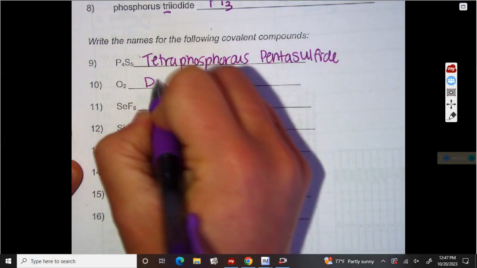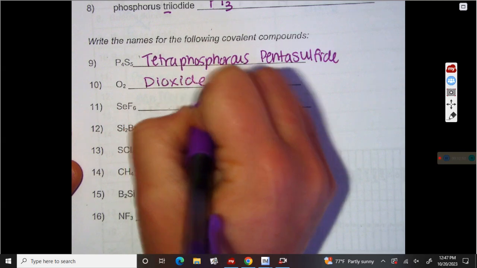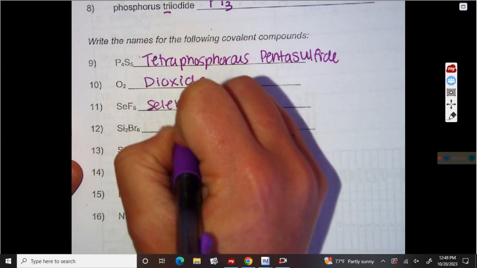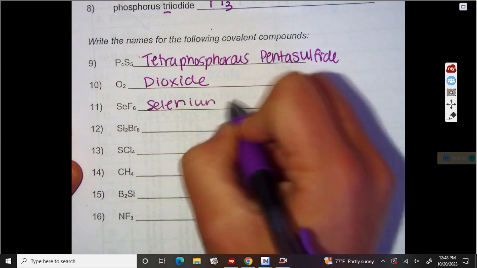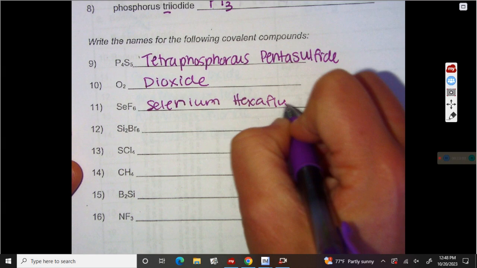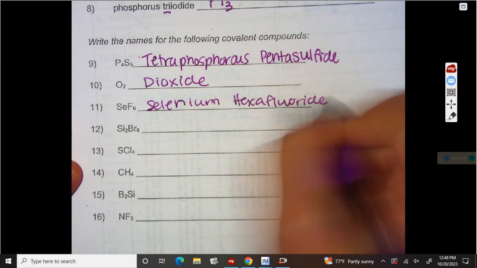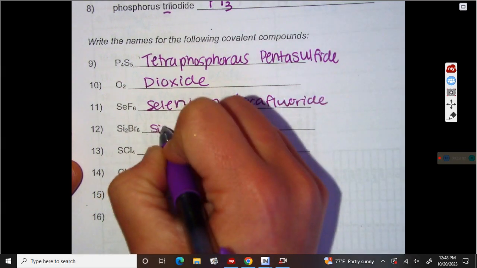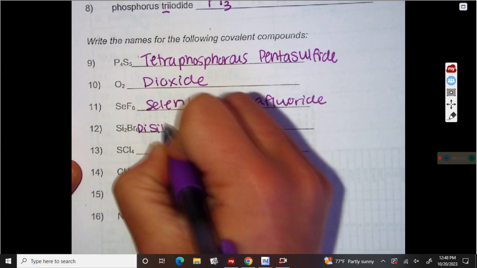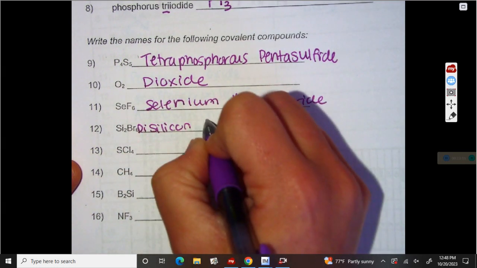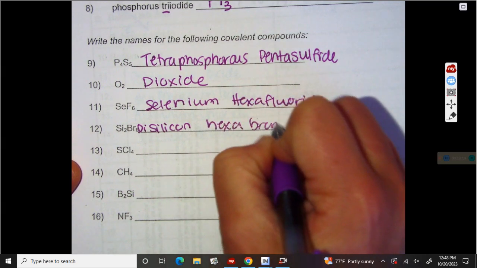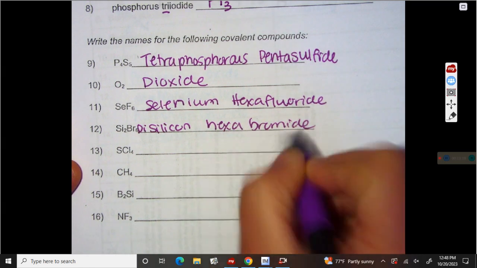This one is dioxide, selenium, hexafluoride. And this is 2 silicons, so it's disilicon hexabromide, and that is all one word, hexabromide.